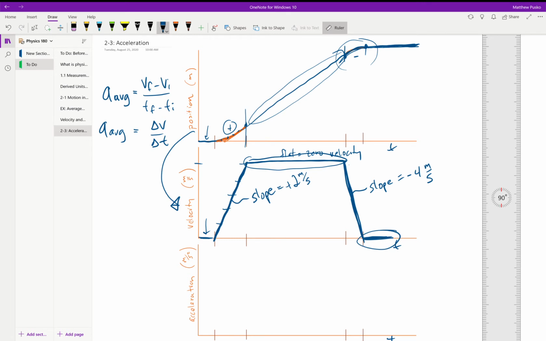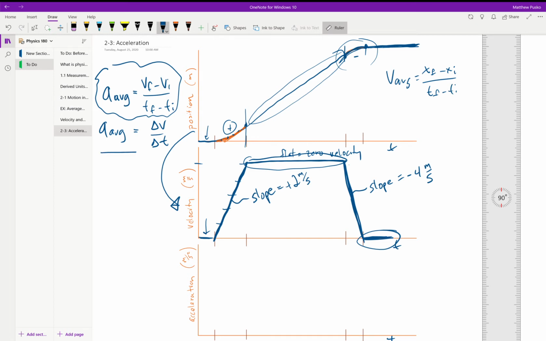And now let's talk about how we get that acceleration graph. First of all, we saw before that average velocity was equal to x final minus x initial over t final minus t initial, or the change in position over change in time.